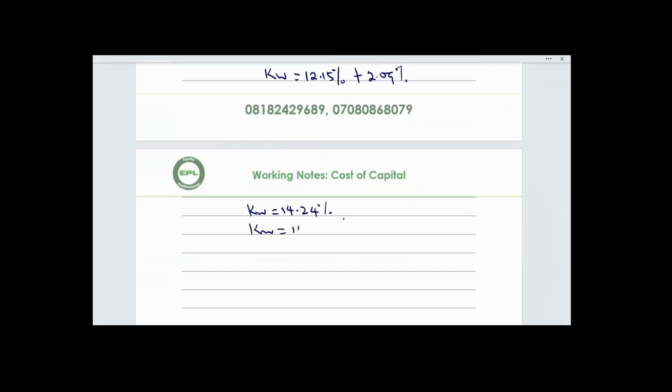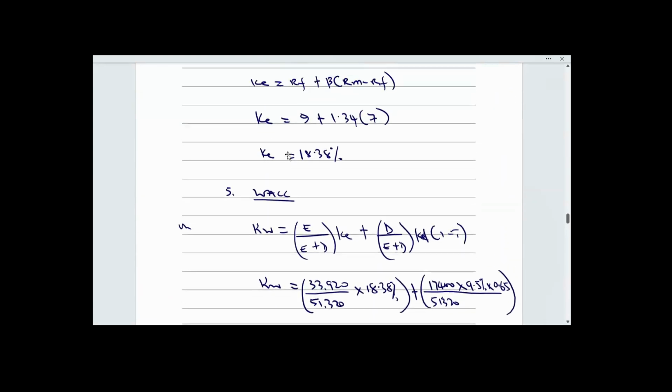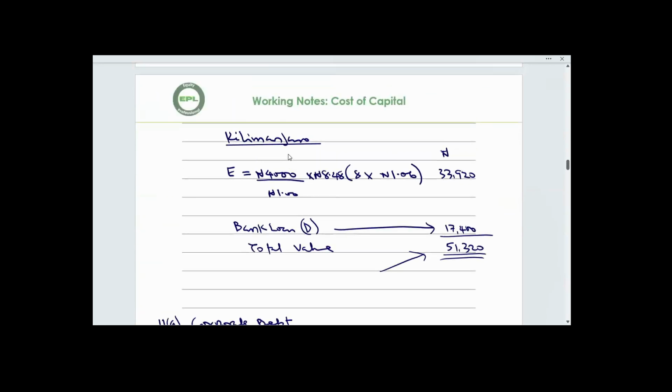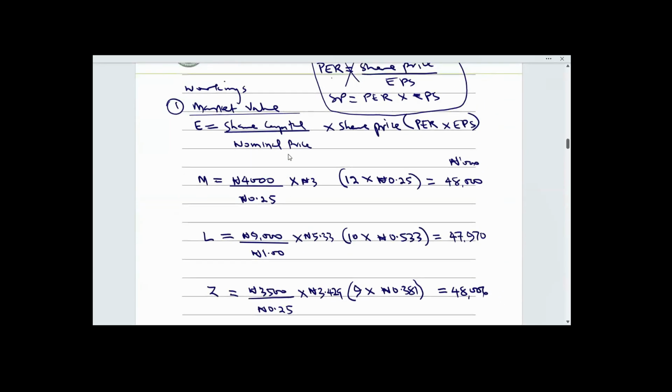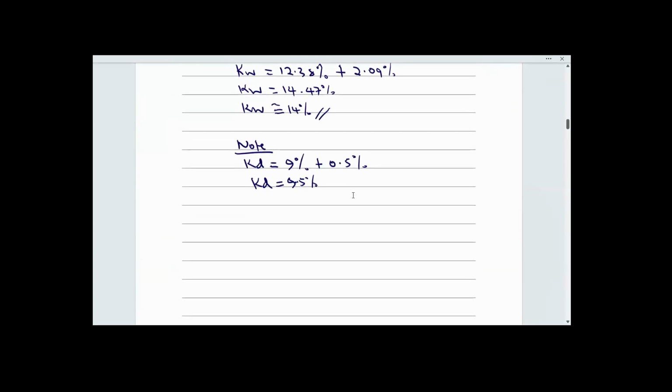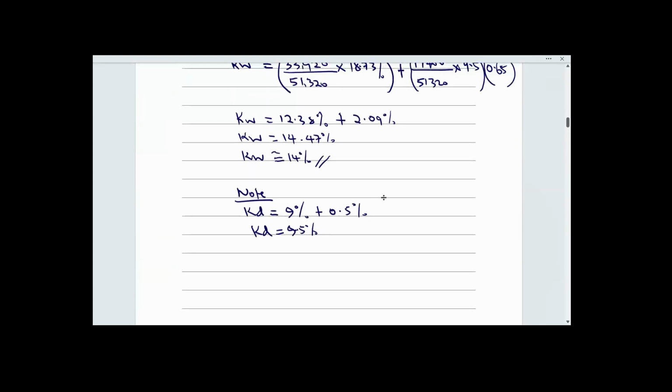WACC is approximately 14%. So there's a margin of error between the first WACC we computed, which I think was 14.48. Let me confirm that. It was 14.47%. Then this one is 14.24%. So there's a marginal error of about 0.2-something. All right. So that's that.